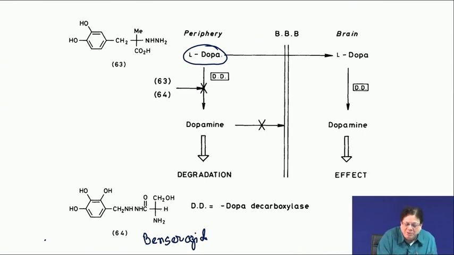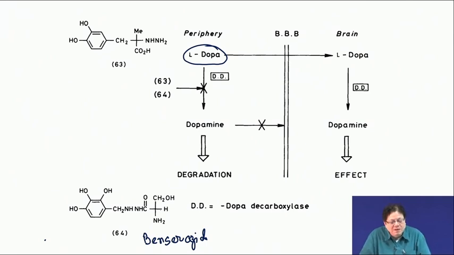So, this is a viable alternative for treatment of low dopamine concentration. It should cross the blood brain barrier, and then the DOPA decarboxylase enzyme should convert it to dopamine, and then dopamine produces the effect that is required.